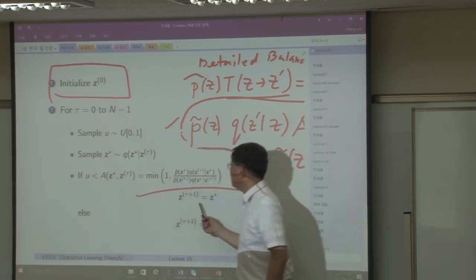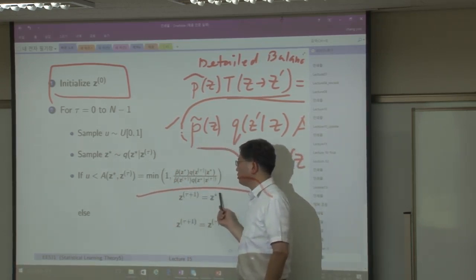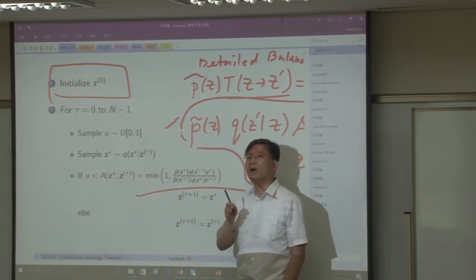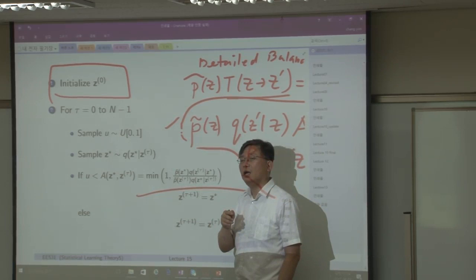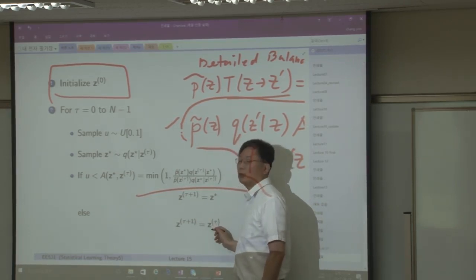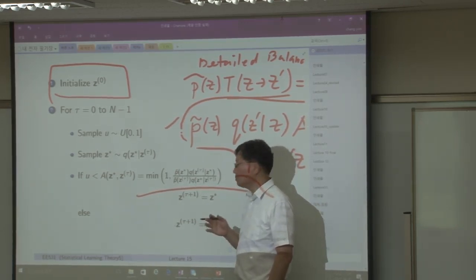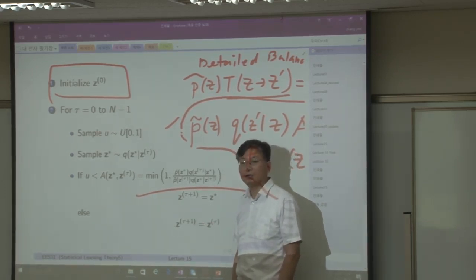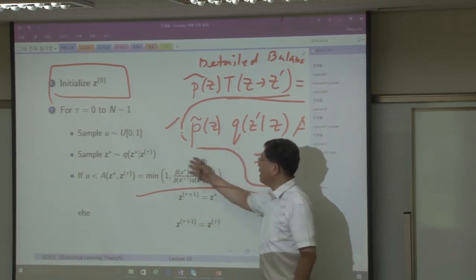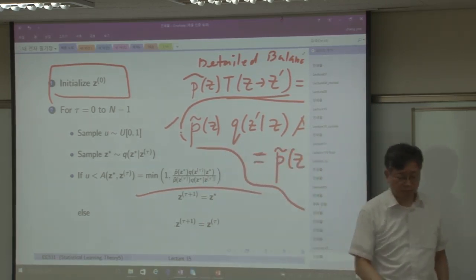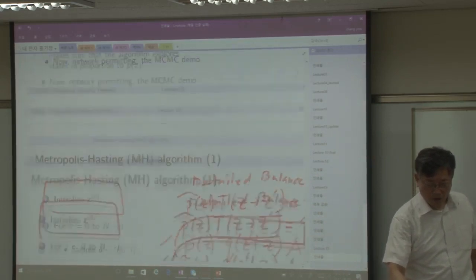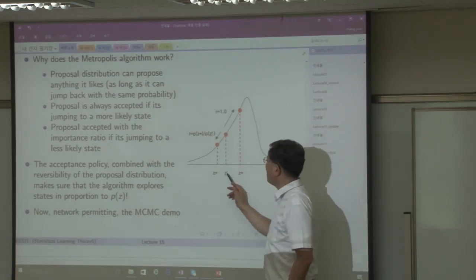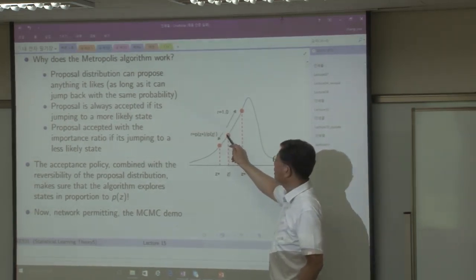If I accept, then the next sample becomes Z star. If I reject, then I copy, or I use the same sample again for the next one. Okay? And this A has also this meaning. If you look at the previous slide, let's say I'm here.